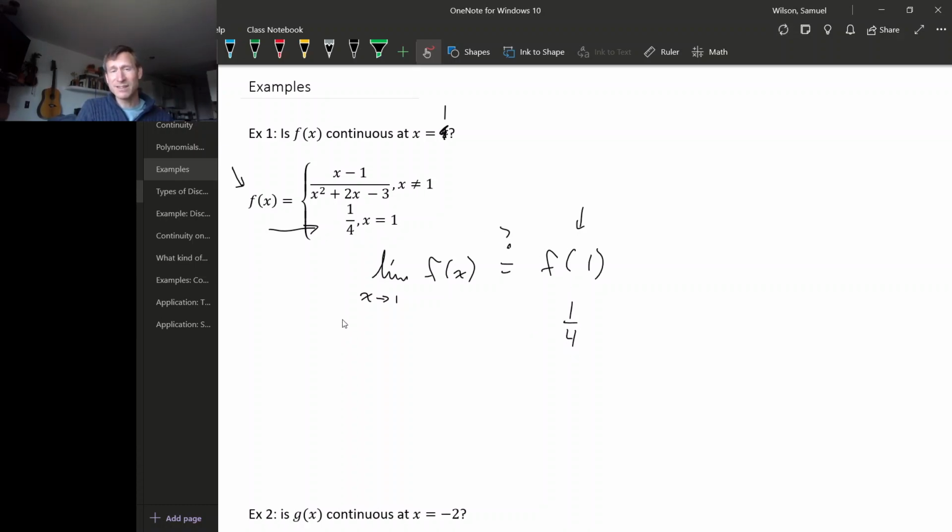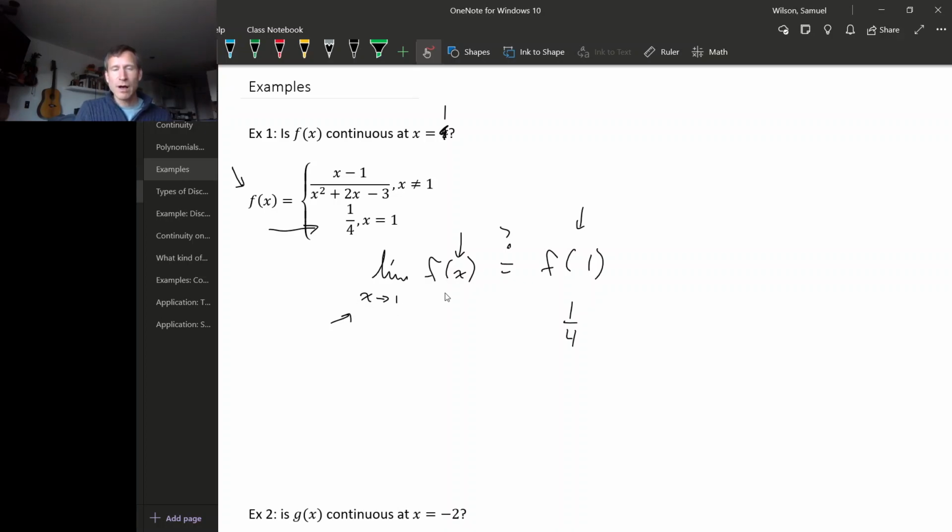This multi-part function says that when x is 1, the value of the function is 1 over 4. So the right-hand side here is 1 over 4. But for the left-hand side, remember, since we're taking a limit, the x value that we're referring to here is not 1, right? It's close to 1, but it's not equal to 1. The limit is asking what happens as x gets close to 1, but not equal to 1.